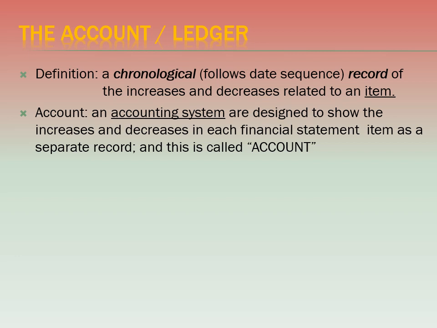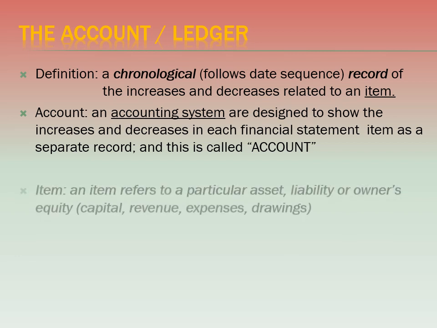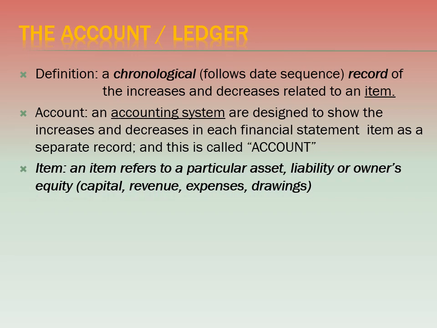We say that it can be called an account or it can be called a ledger. When we say item, it refers to asset, liability, or the owner's equity, whereby the owner's equity has the four columns just now. And for FAR110, we will use the 3-column ledger.